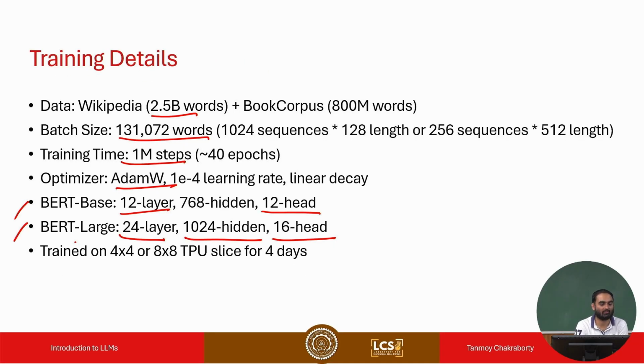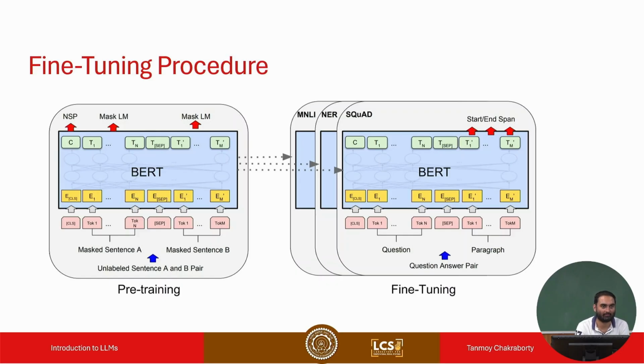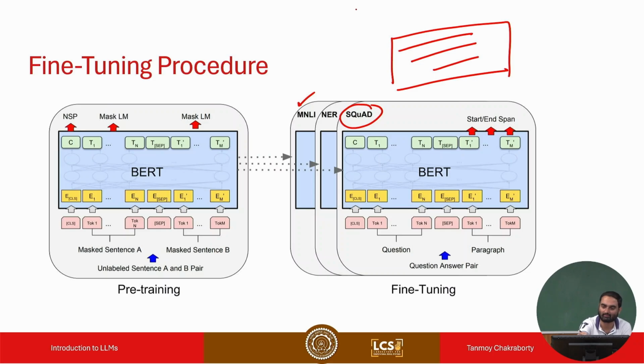In BERT we saw different training configurations, number of parameters, number of layers, and so on. We also saw the masked language modeling objective. Once the pre-training is done, we further fine-tune the model on different tasks. The task can be a question answering task, for example, SQuAD data, where the answers are given in the paragraph. You ask a question and the corresponding answer will be available in the paragraph.